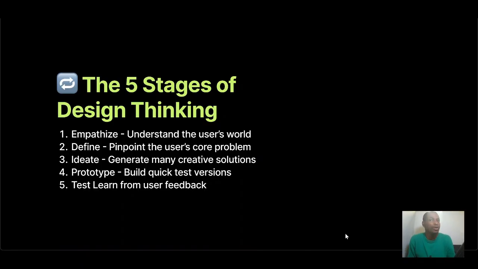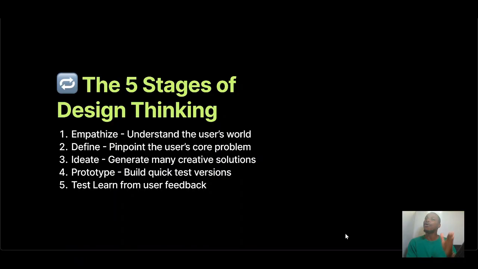You probably must not have had any disability before, you don't even have any, but you have to put yourself in the shoes of such users. How do they interact with apps? How do they interact with platforms? When you've done all this, you've defined it, you have come up with a solution, then you begin to design according to what is required. You begin to design to meet the needs of this category of users.